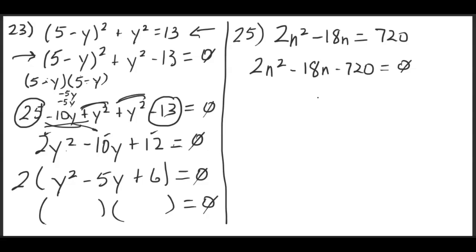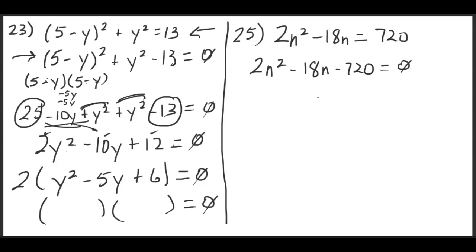Look at the first term. Does it have a 1? No, it doesn't. It has a 2. We call that the coefficient on the term, by the way. Its coefficient is 2. We can say the lead coefficient is 2. We call it the lead coefficient because it's at the lead of the trinomial. It's at the beginning of the trinomial. Right? So it's a 2.